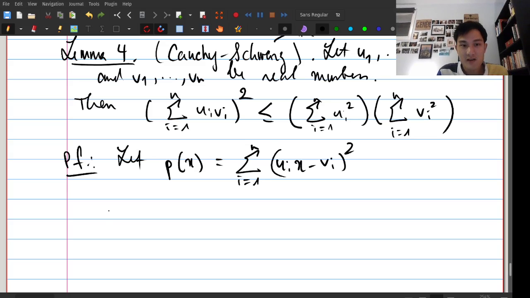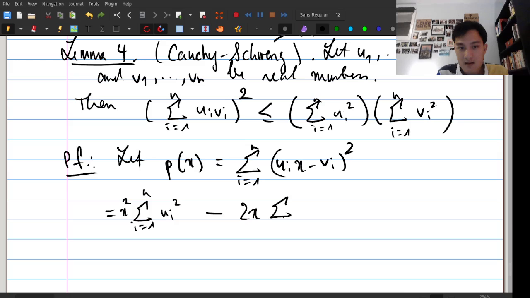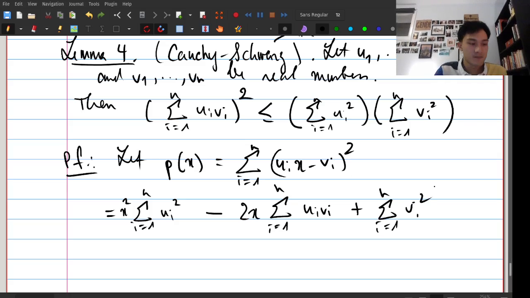If you expand this binomial out, the coefficient of x squared is the sum of ui squared, then you subtract 2x times the sum from i equals 1 to n of ui vi, and the constant term is the sum from i equals 1 to n of vi squared.